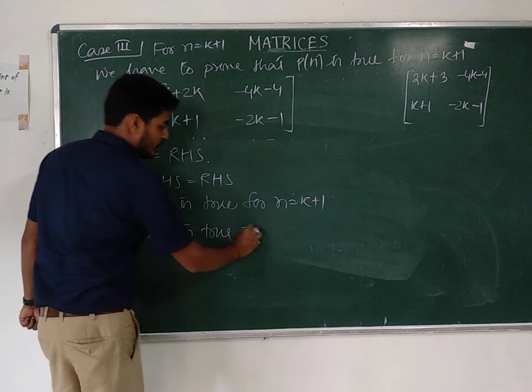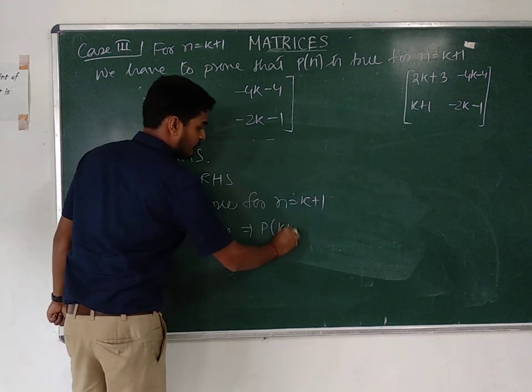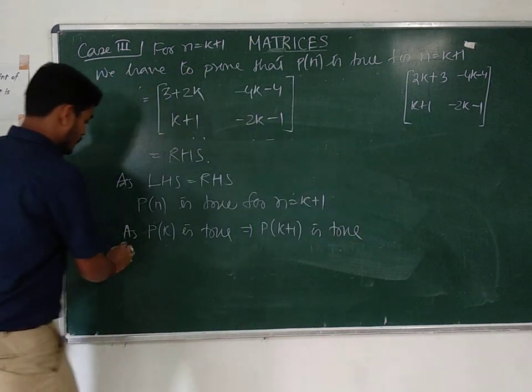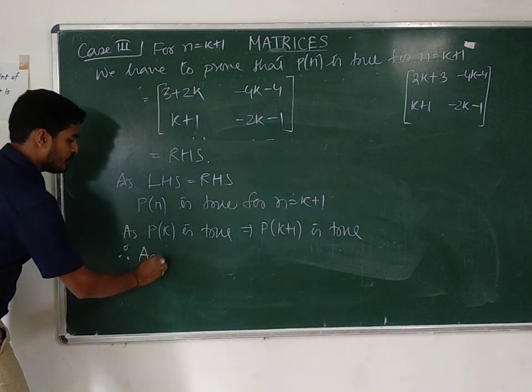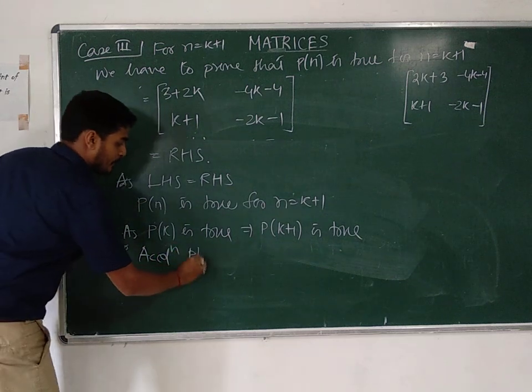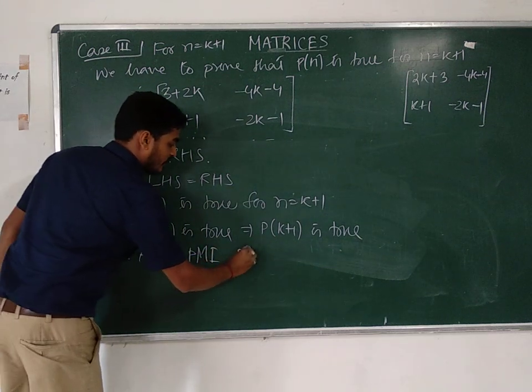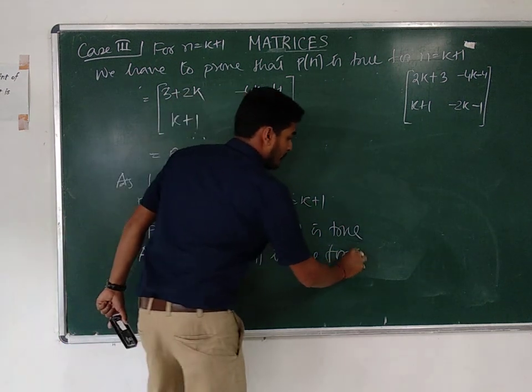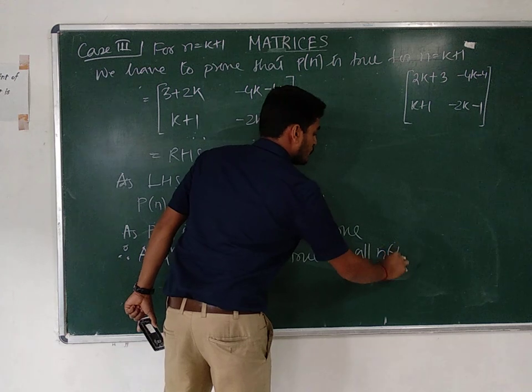As P of k is true implies P of k plus 1 is true, therefore, according to PMI, P of n, that is the given statement, is true for all n belonging to natural numbers.